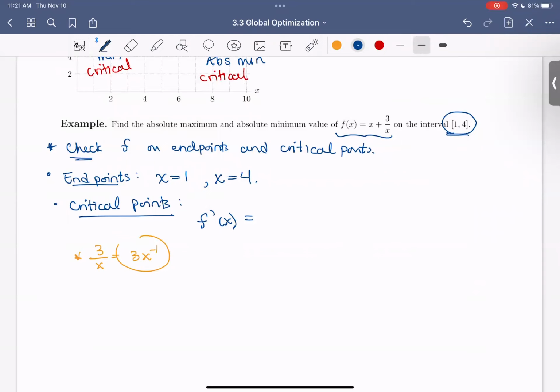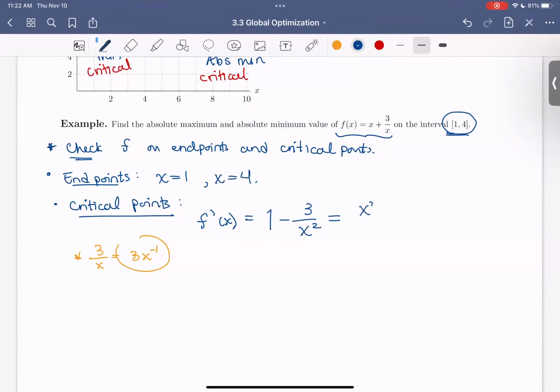The derivative of f is just going to be 1 minus 3 over x squared. Feel free to pause the video and check that derivative. Make sure you're comfortable computing it. Now we can simplify this further. If I want to add these two terms together, I can't do it in their current form, but I can change this 1 to have a denominator of x squared.